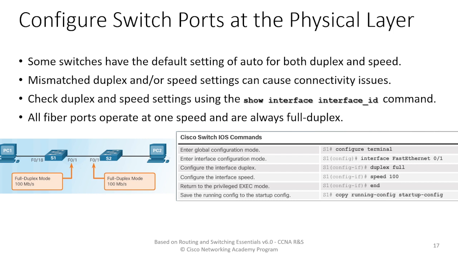Then when it comes to certain physical layer aspects, sometimes at the physical layer there could be certain differences in terms of whether they are full duplex or half duplex. Are there any speed considerations for these links, whether it is a 100 link or a gigabit link?